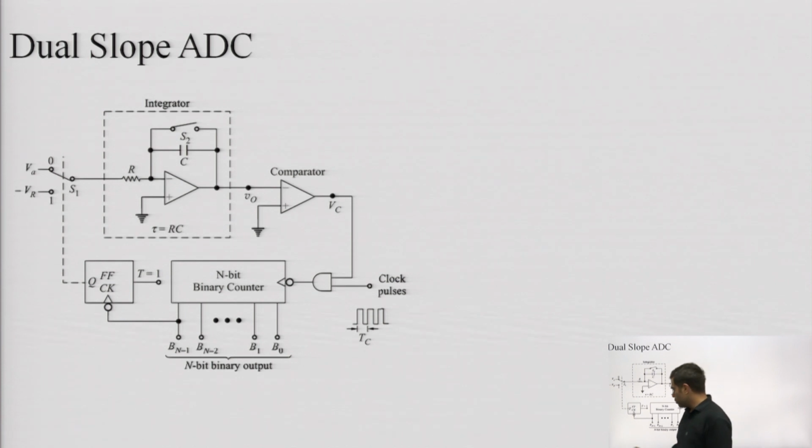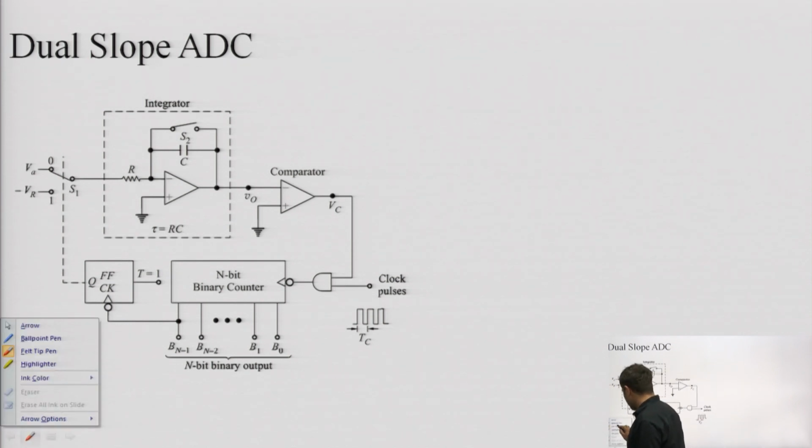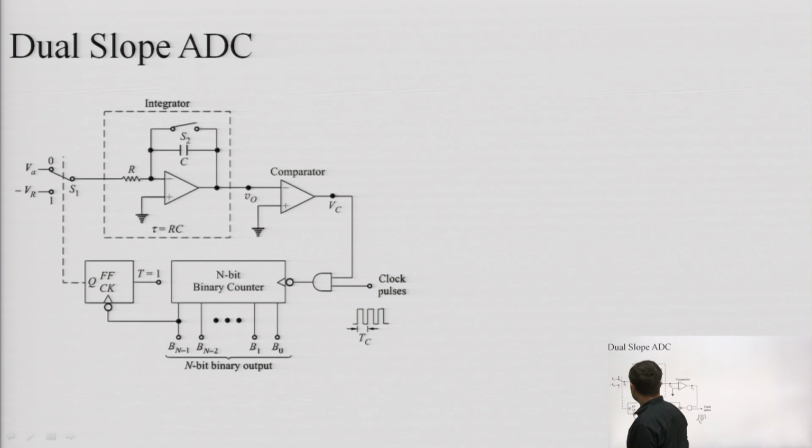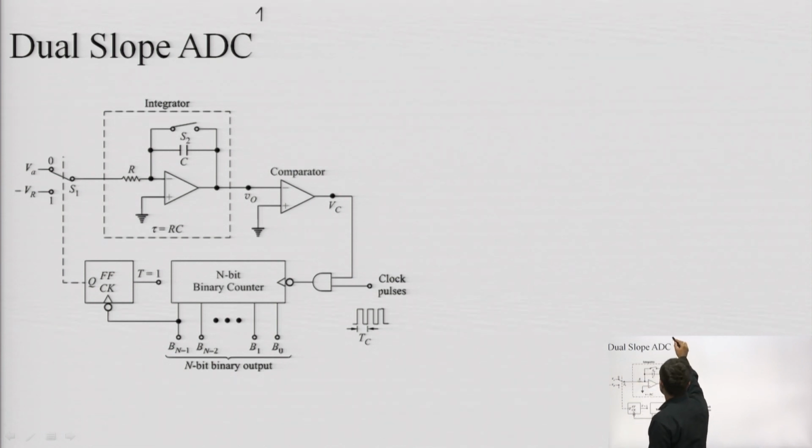For this dual slope A to D converter, first we have to understand the different components available in it. There are 4 major components.